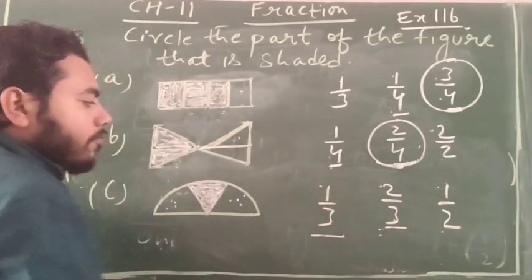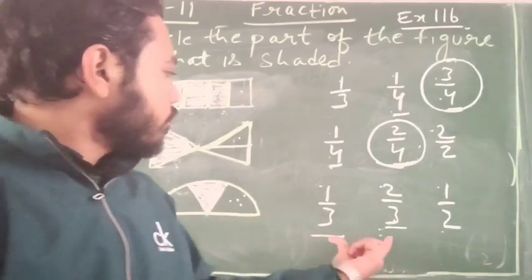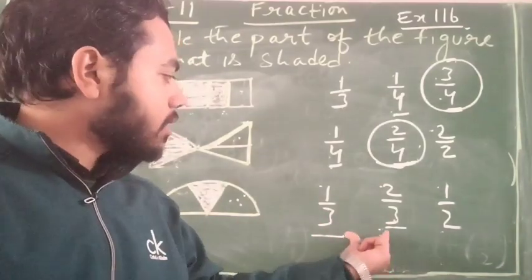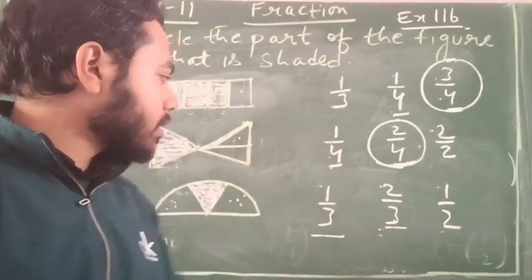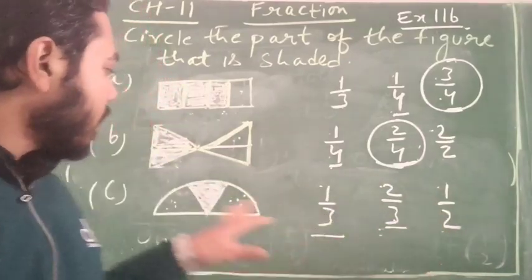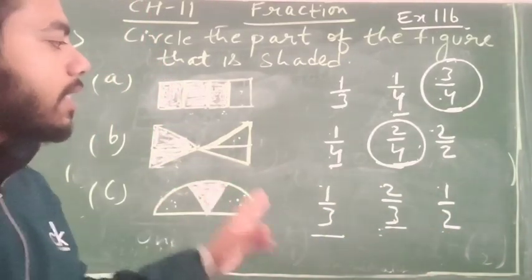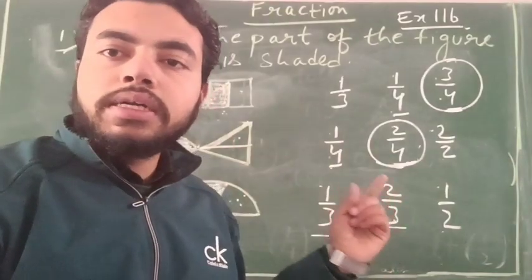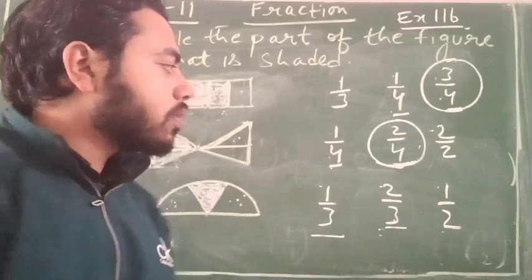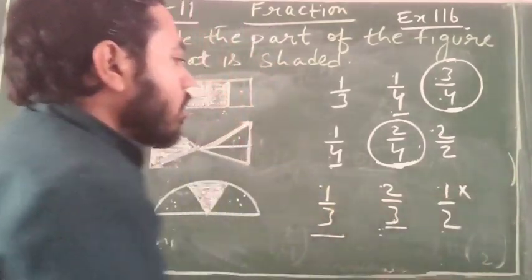It means we have to think about these 2 fractions, because 1 by 2 means half. So here you see 1, 2, 3. It is divided into 3 parts. So the denominator must be 3. So here the 2 is written. So this option is not correct.